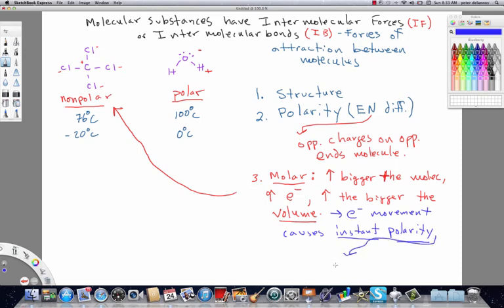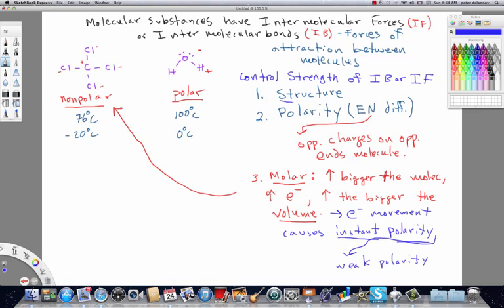This is weak polarity, right? Weak polarity. So we have three main factors that control the strength of the force of attraction between molecules. So these three factors control the strength of the intermolecular bond, or the IF, the strength of the IF.